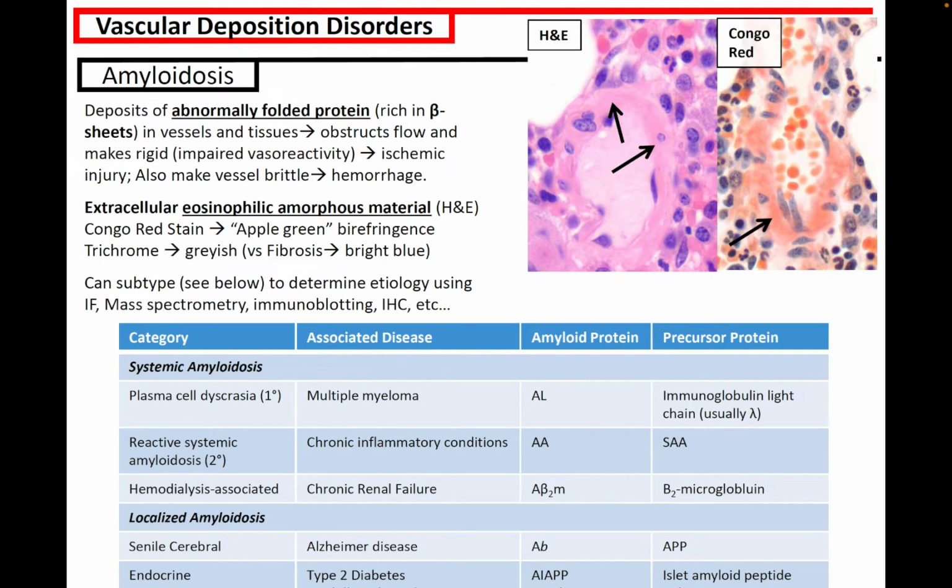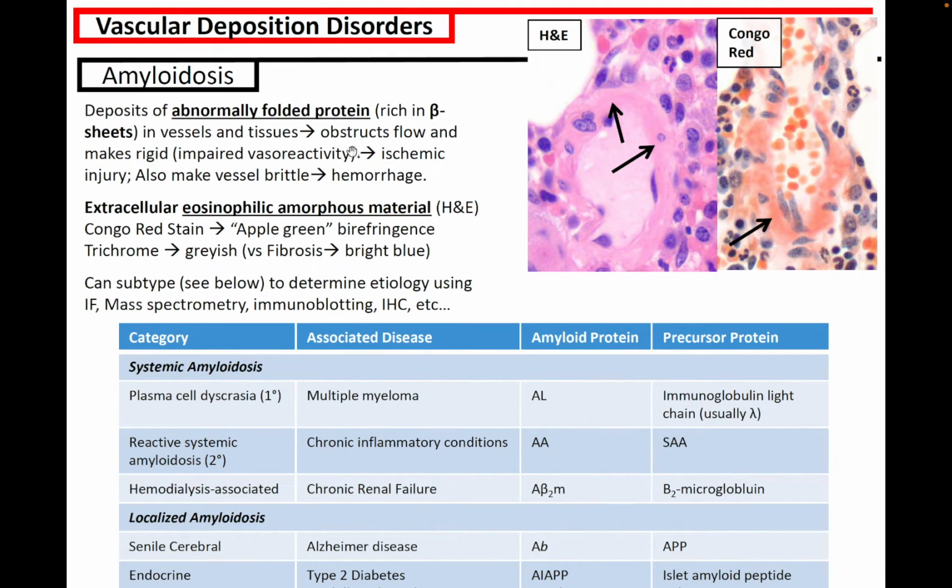You can have extracellular eosinophilic amorphous material seen on H&E as shown here. Or if you use the Congo red stain, you'll have apple green birefringence. The Congo red stain, also known as the pathology bad boy stain.